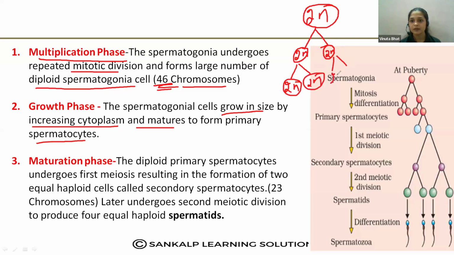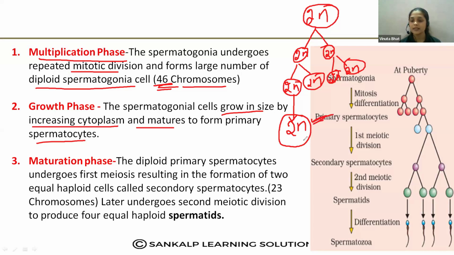Next, here this spermatogonial cell. So I take this one cell. This spermatogonial cell will undergo maturity. What happens in maturity? The cytoplasmic content increases and they grow in size. So this is called a primary spermatocyte.